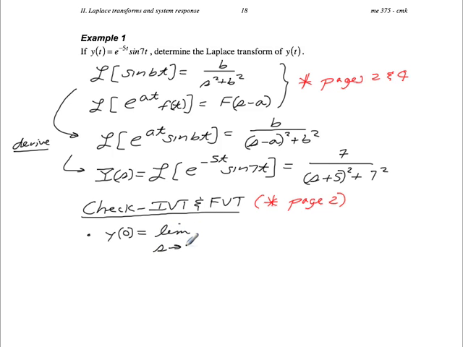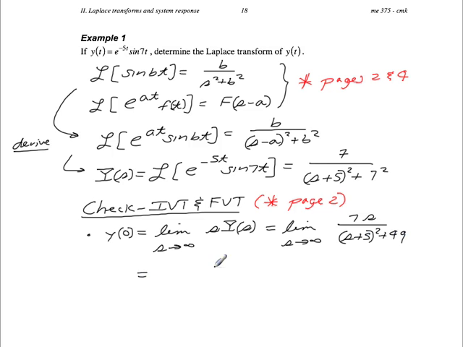So the initial value theorem says we multiply s with y of s. We take the limit as s goes to infinity. So that's going to be the limit of 7s divided by (s plus 5) squared plus 49.